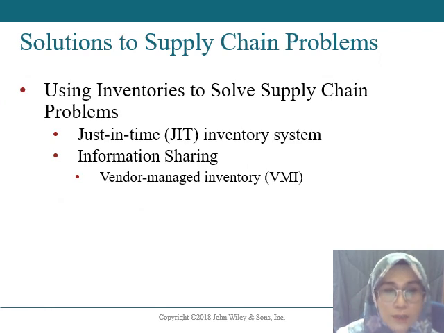Okay, so there is a solution to the supply chain problem. So the first one, by using the inventories to solve the supply chain problem, which is dia guna konsep just in time, which is kita known as a JIT inventory system, and also information sharing by using vendor managed inventory system.